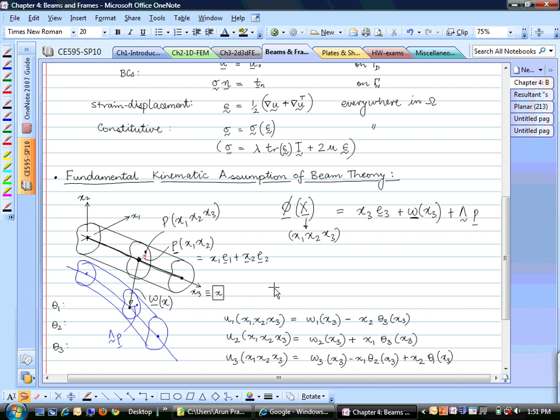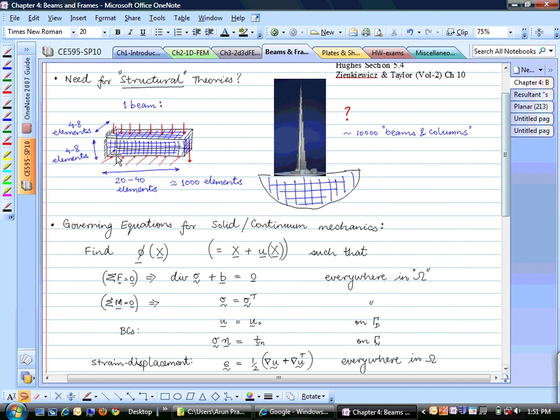And essentially, what have we done? If you give me any point in any beam now, using this deformation, this is an assumption, we can completely characterize the motion of this beam. So we have reduced the problem from a three-dimensional problem to a one-dimensional problem.